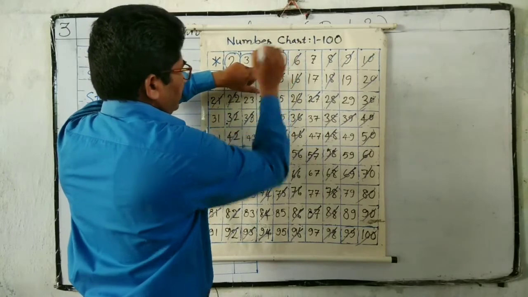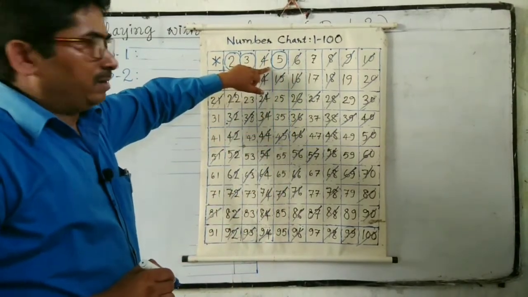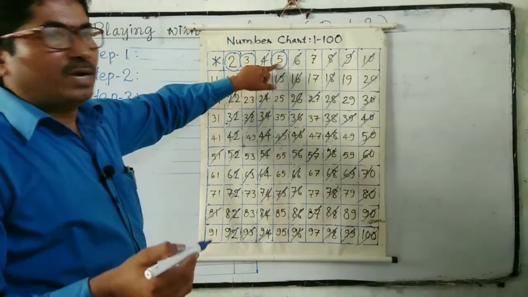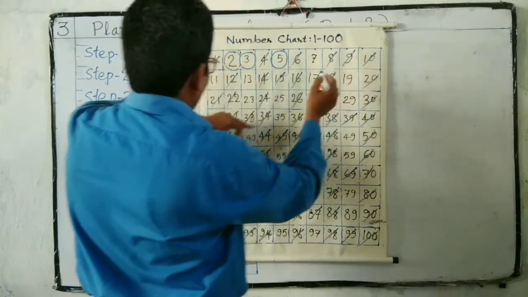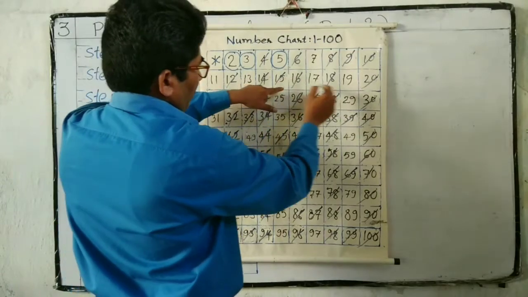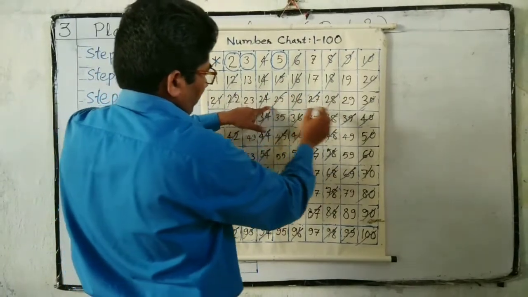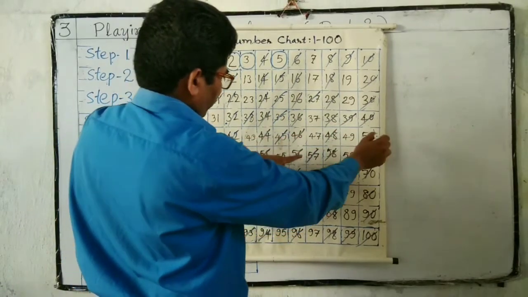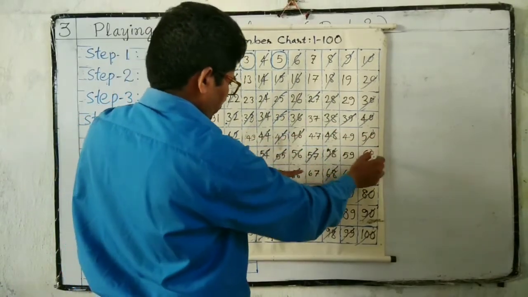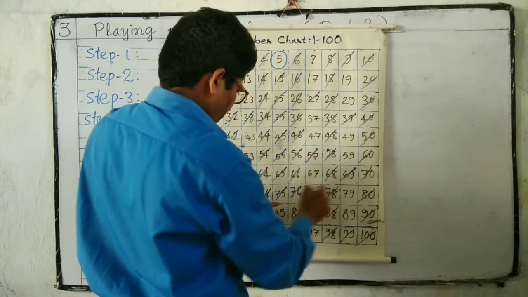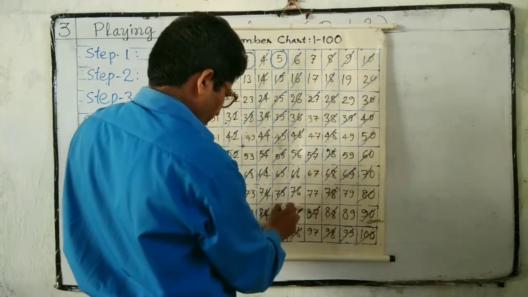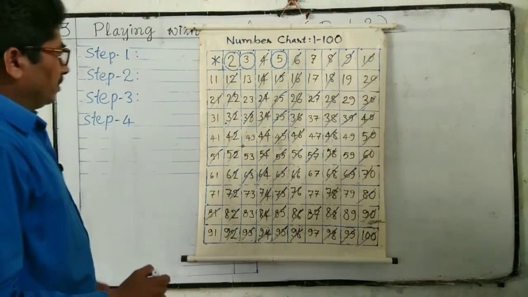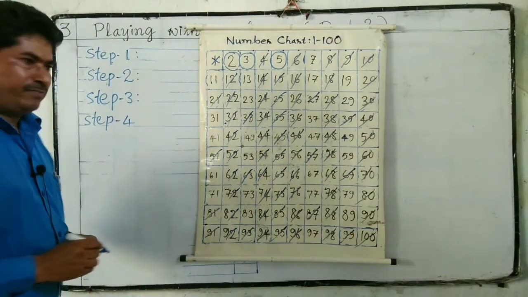So encircle this 5 and cross out all the other multiples of 5: 10, 15, 20, 25, 30, 35, 40, 45, 50, 55, 60, 65, 70, 75, 80, 85, 90, 95. Step 5.